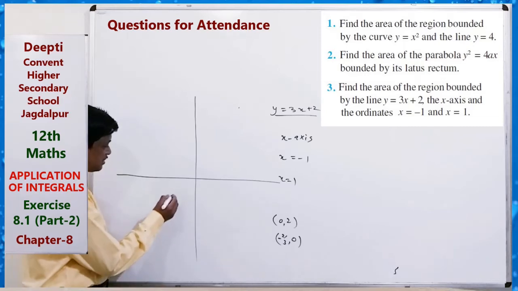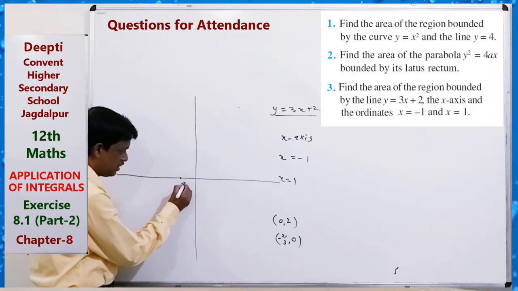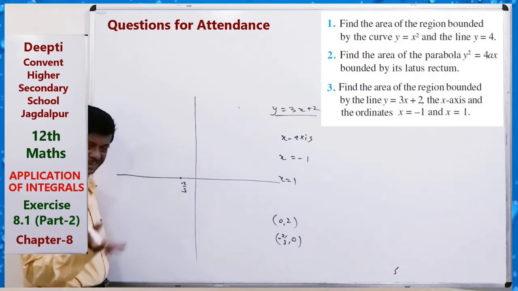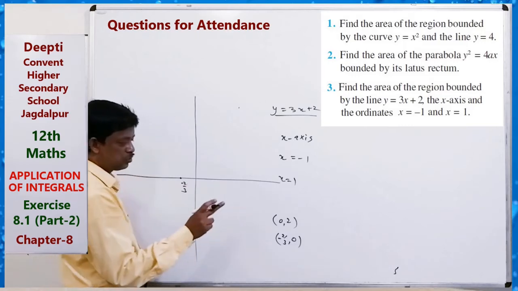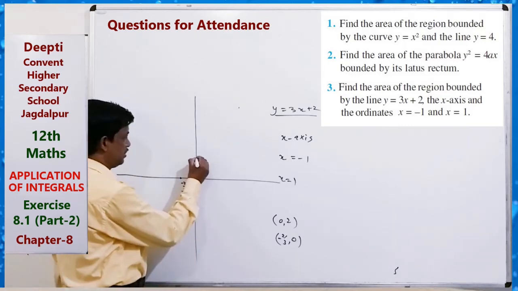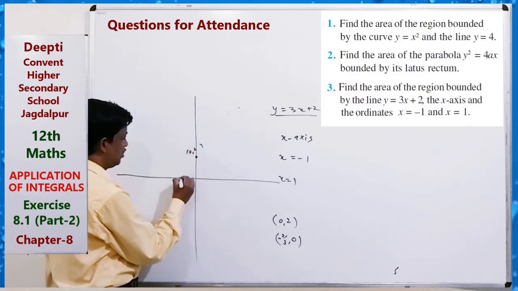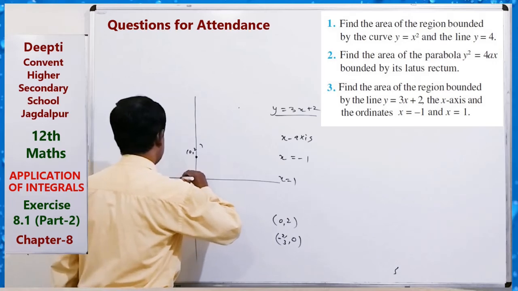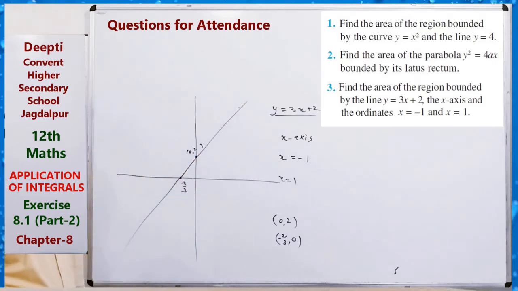That means, suppose this is x equals minus 2 by 3, and here is (0, 2). So we can draw the diagram like this. This is the line.